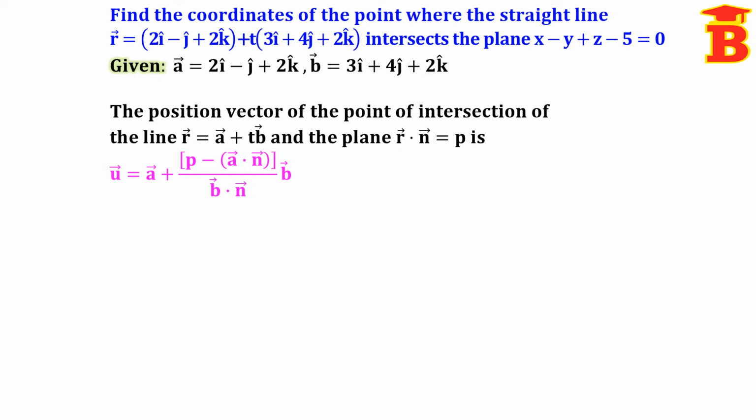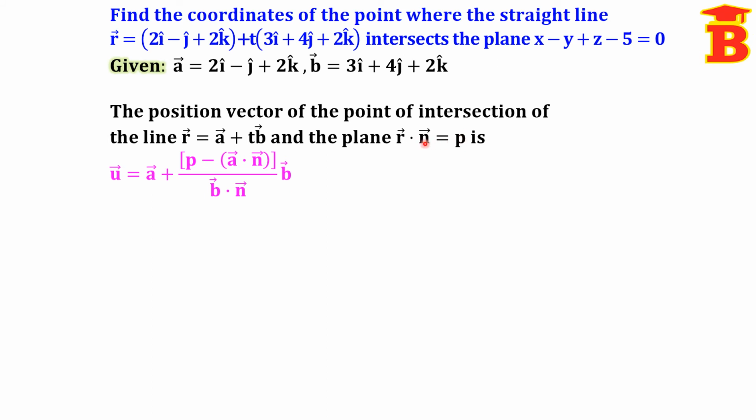Next the plane is taken as r vector dot n vector equal to p. This is in vector form, but in question it is given in Cartesian form. From that also we can take the vector very easily. This x, y, z numbers only vector, that is 1i minus 1j plus 1k, and this last constant take it right side, it will become plus 5, that is only p value.